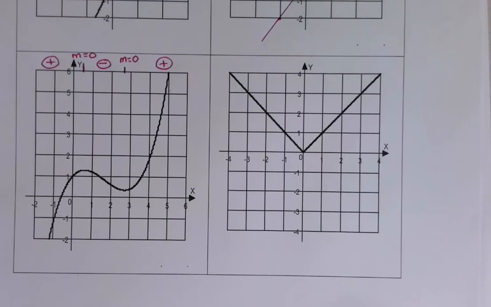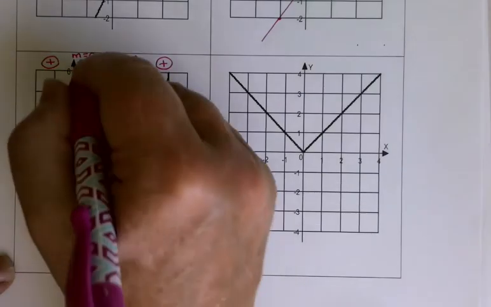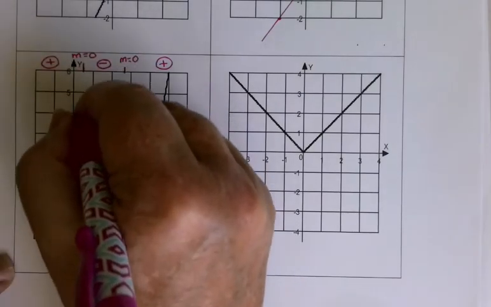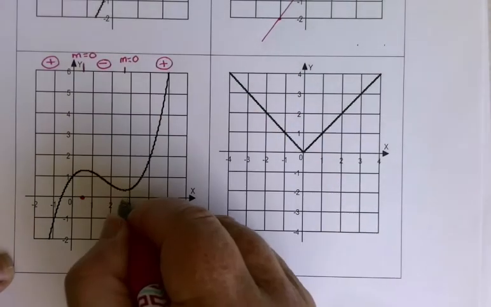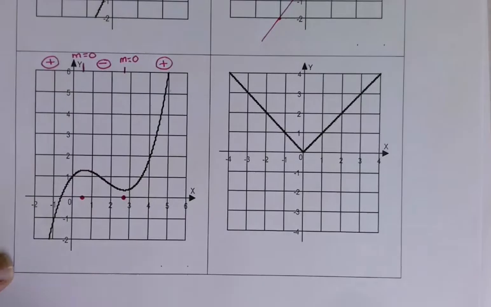Now I'm not going to be able to be quite as accurate as I was last time, where I actually already knew the exact equation for the derivative, but I can draw a reasonable interpretation here. I'm going to start by saying m is 0 here, and again there. So let me plot those two places where my derivative function is exactly 0.